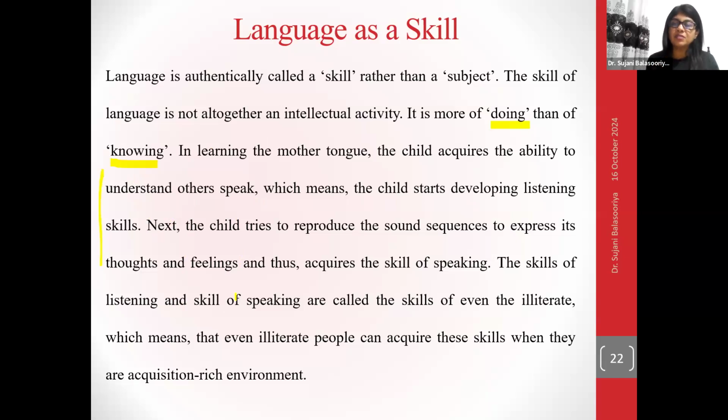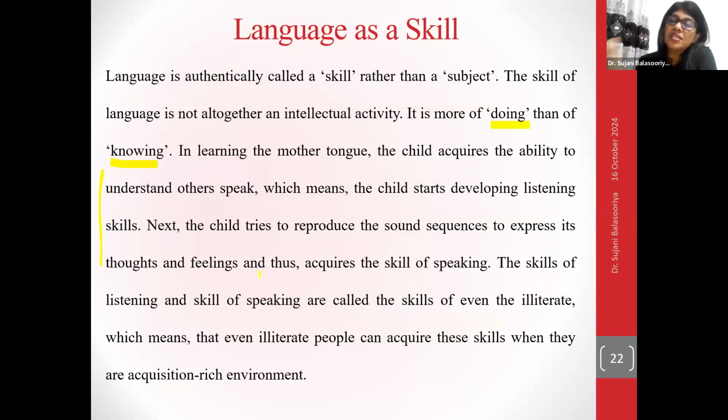Because at first, the child listens to the environment, to what the others say to that child, and tries to understand. Listening skills are there.